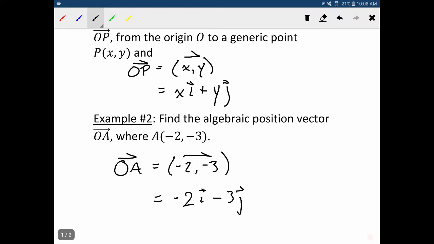Even though this one is more intuitive and easier to think about what it looks like, this one is what we're going to end up using for computations, just because it's easy to work with.